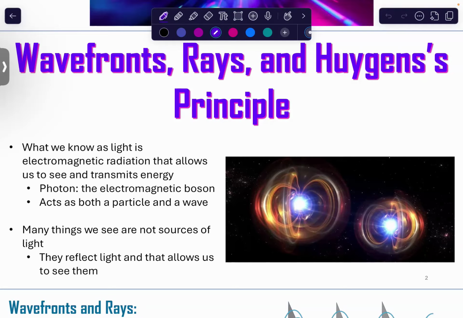So light is, of course, electromagnetic radiation. It allows you to see, it transmits energy. Now the textbook says it's the spectrum of light that's visible, and that's just not true at all, because there's X-rays, there's gamma rays, there's radio waves. Everything in light is transmitted by the photon. The photon is the electromagnetic force carrier, or the electromagnetic boson.